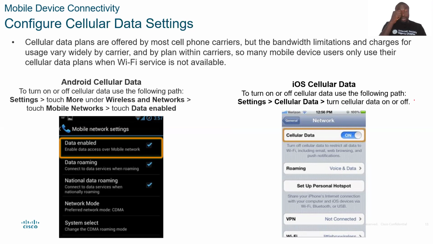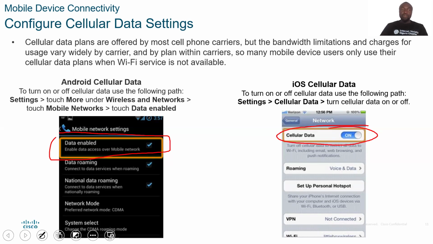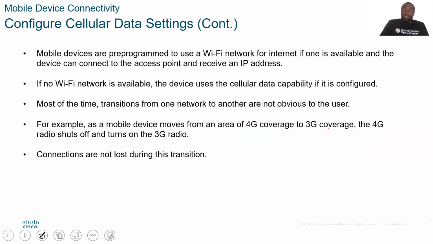Okay, so which means you can turn on your mobile data. You can enable it, as you can see here. Or if you're using an iOS Apple system, you can turn it on this way. So every device has its own way of turning it on. But the most important thing is you can turn on your data if you want to use it, if you don't want to use the Wi-Fi.